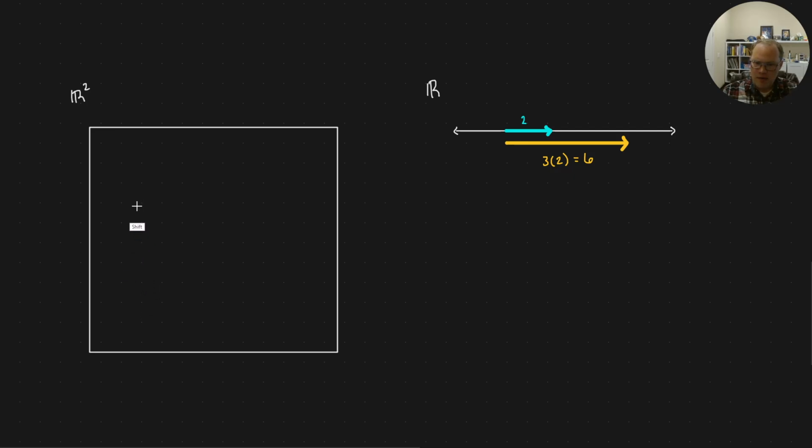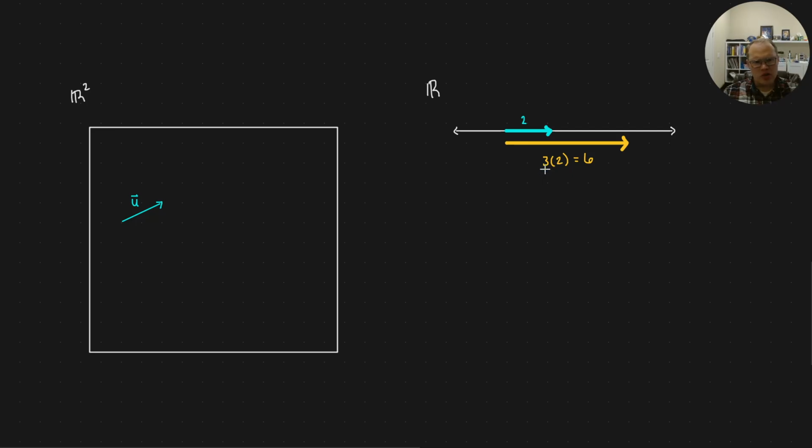If I have a vector, let's not make it quite so long, maybe like that. Let's call this vector u. Now the way we're thinking about multiplication here, it doesn't make sense to multiply a vector by another vector in that way.